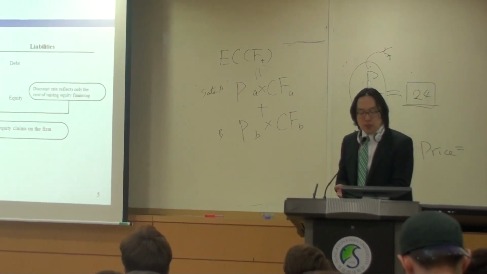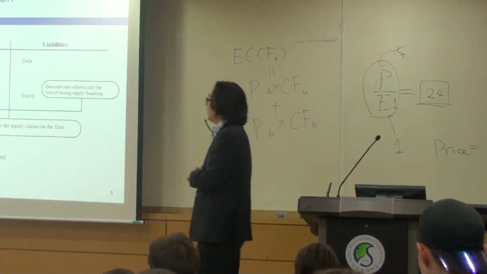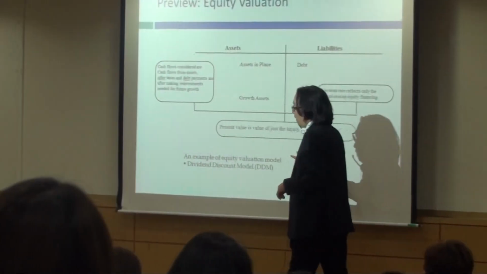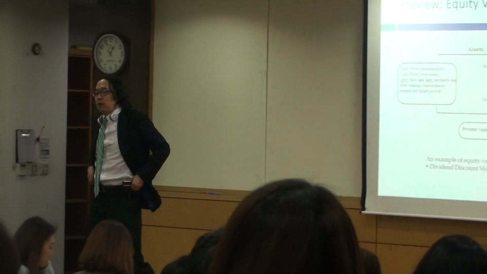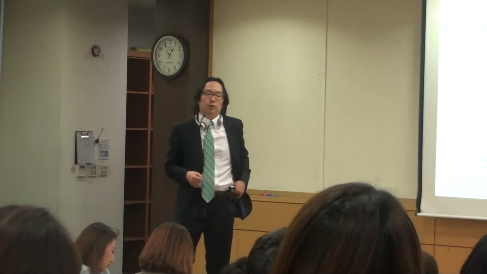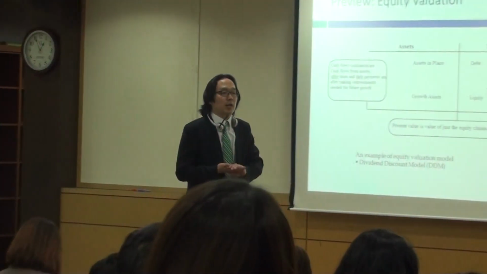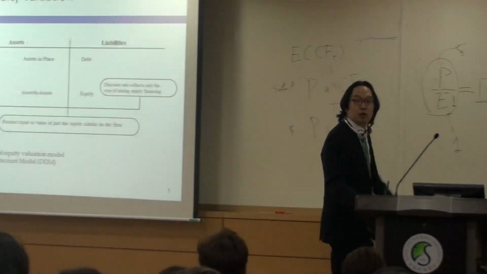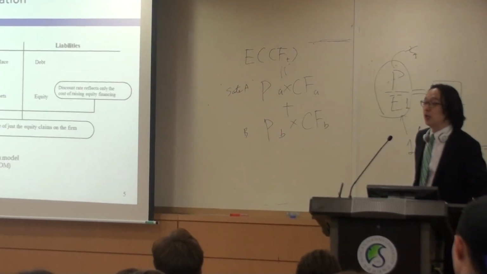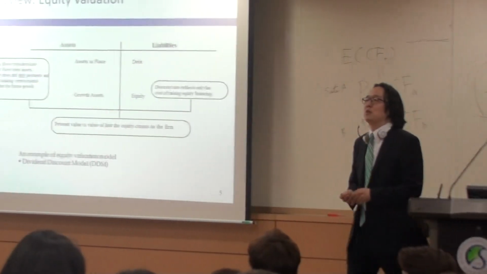Equity valuation. Here the idea is to focus on the cash flow available to equity holders. What's the typical cash flow that is available to the equity holders? Dividend. Who said it? Yeah, two of you.